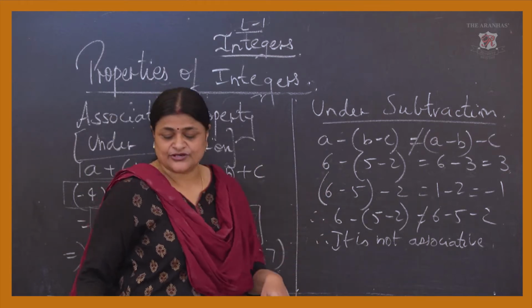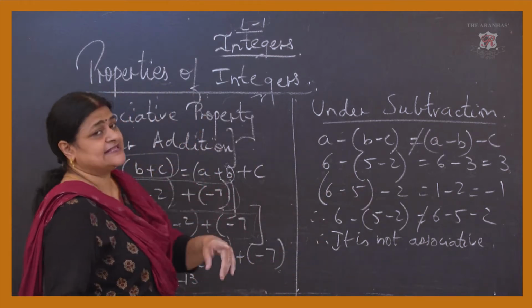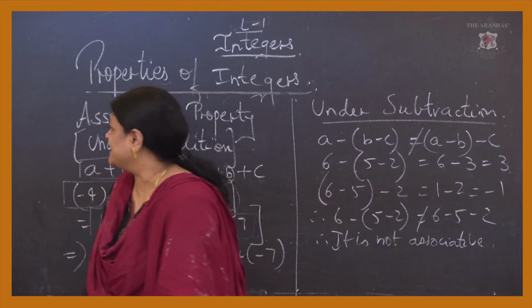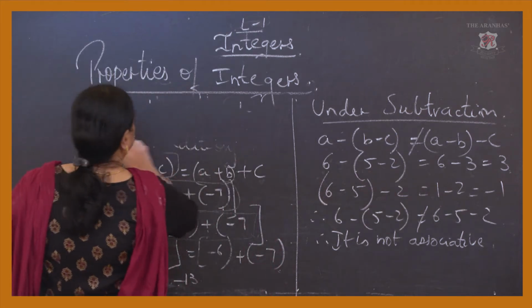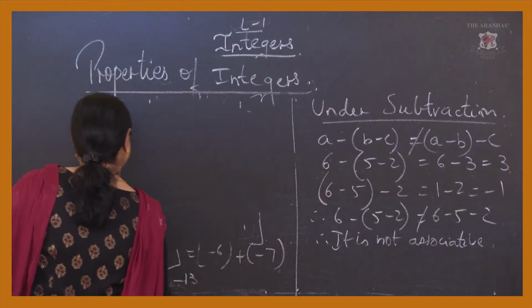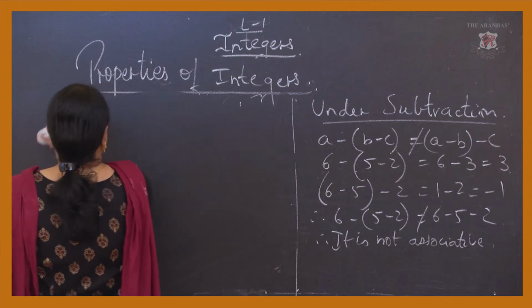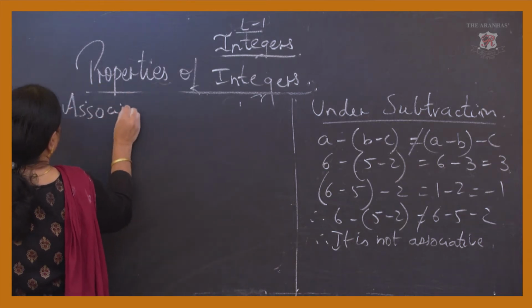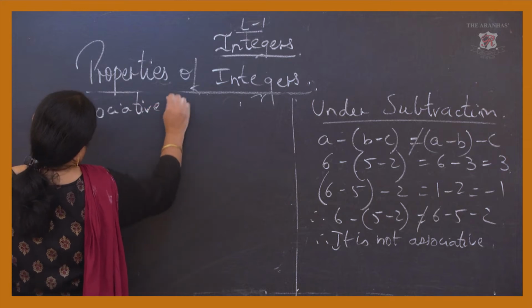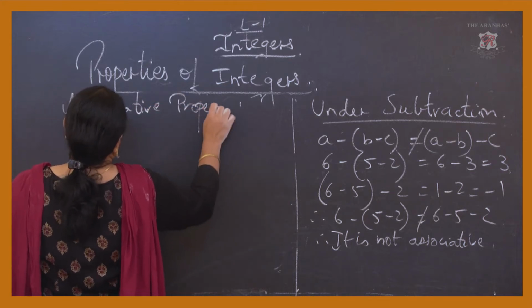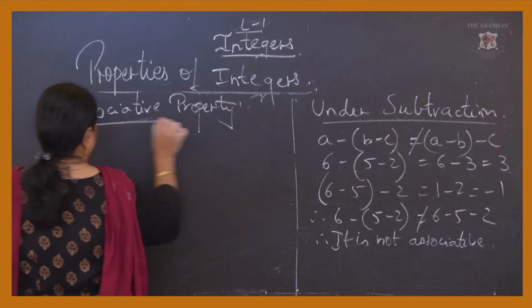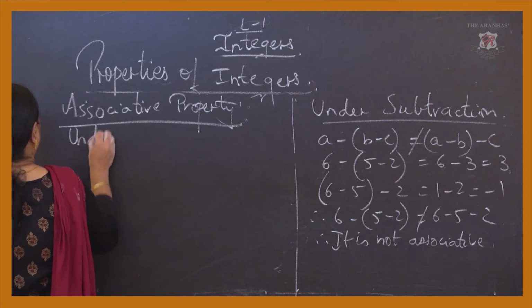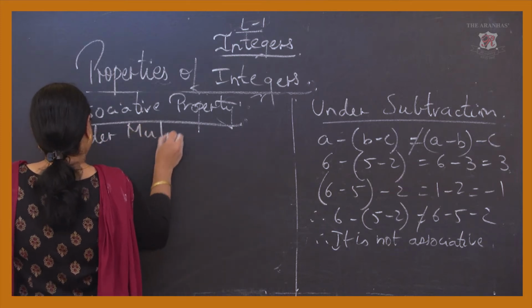Okay, next we are going to see is nothing else but your multiplication. In your associative property only, we are going to see under multiplication.